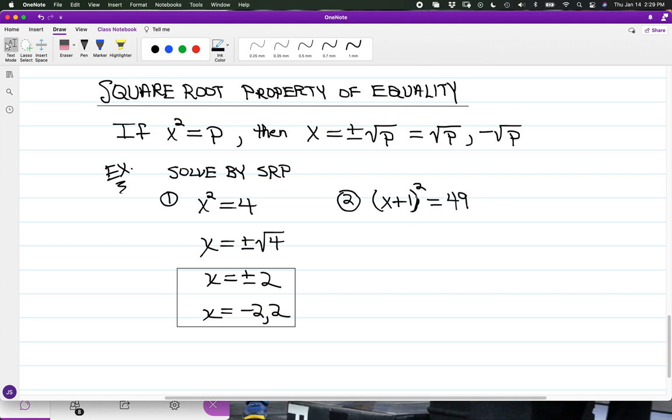So you have x squared represented by the square of x plus 1. If I go from the square of x plus 1 to just x plus 1, for plus or minus the square root of p, this would be plus or minus the square root of 49.